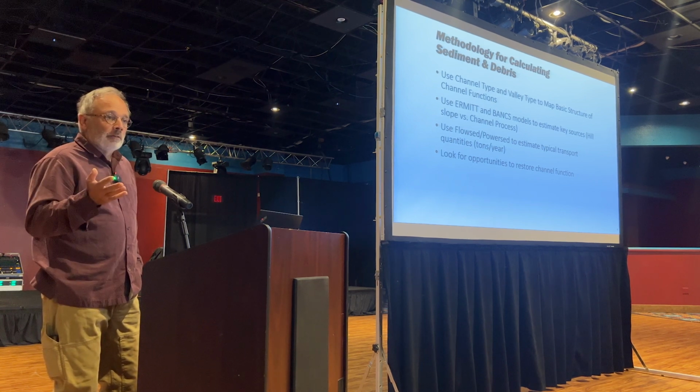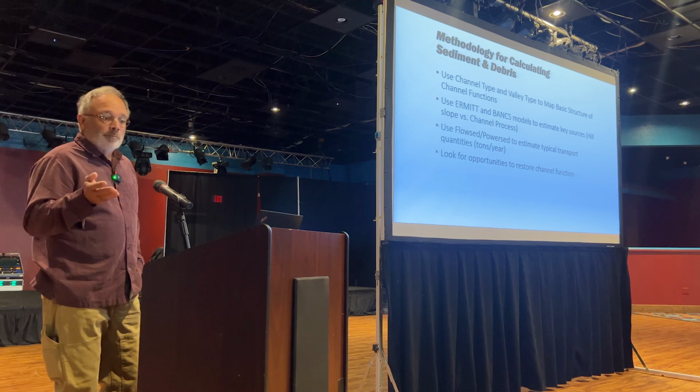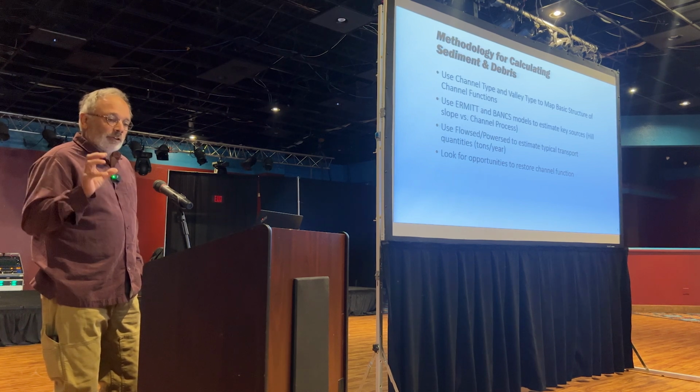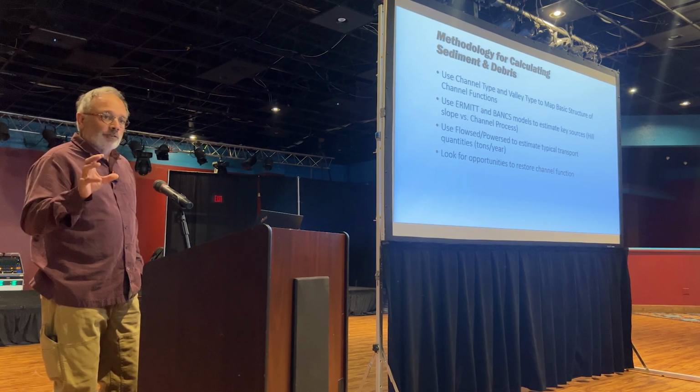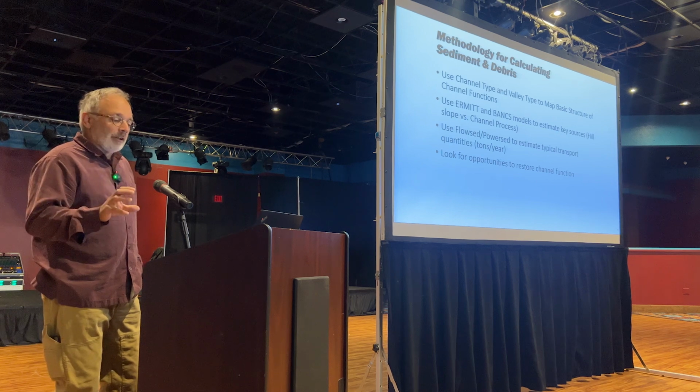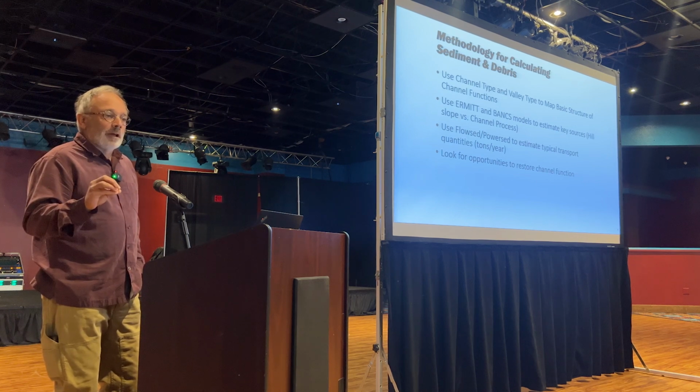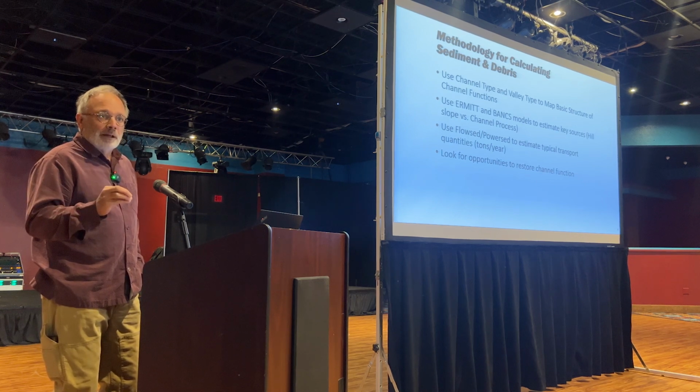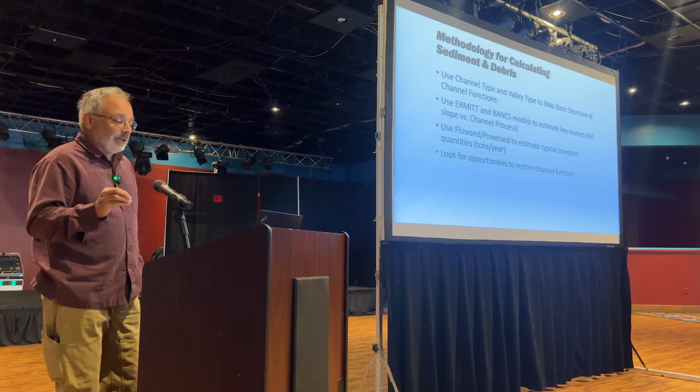And this can be done really quickly in a GIS-based approach, and you can start to target areas of a large watershed that are going to be most susceptible for sediment supply and transport, the things you're interested in.